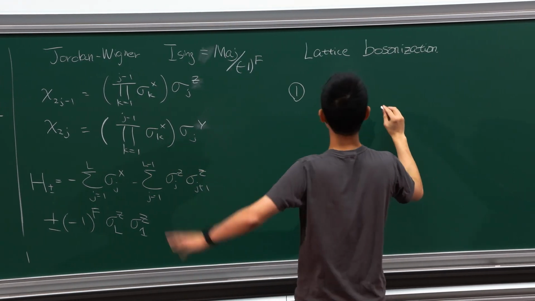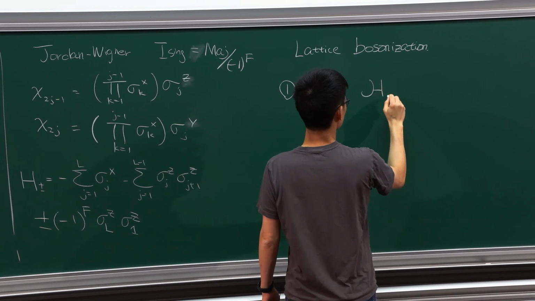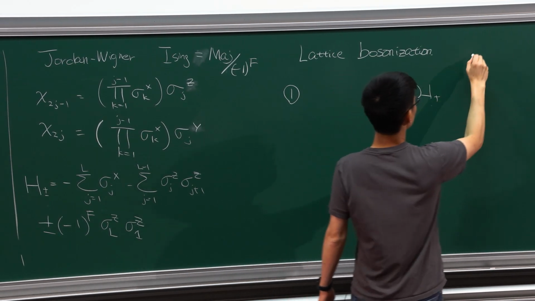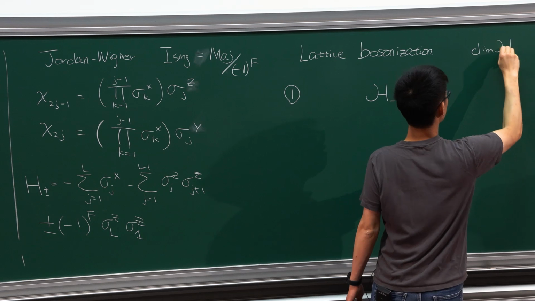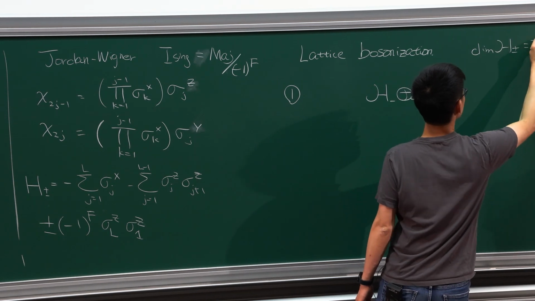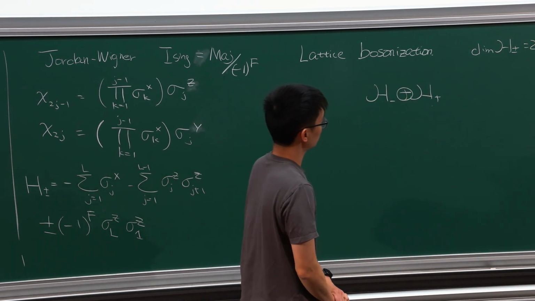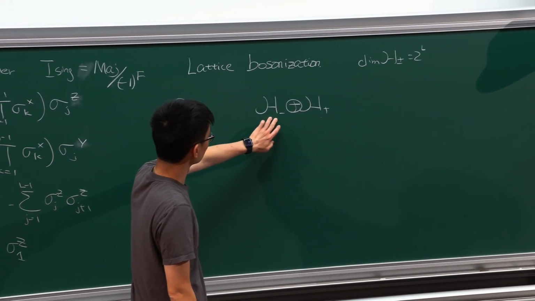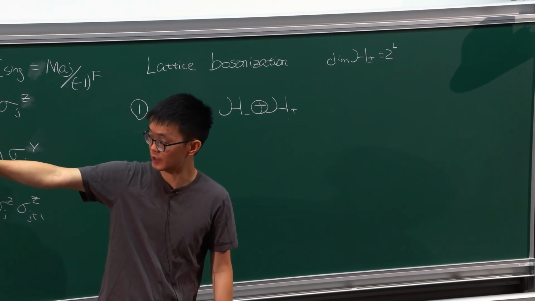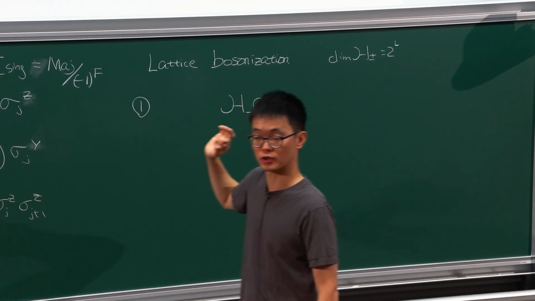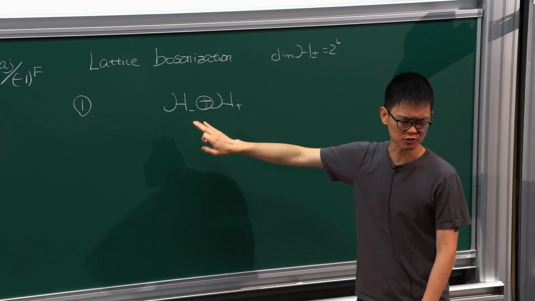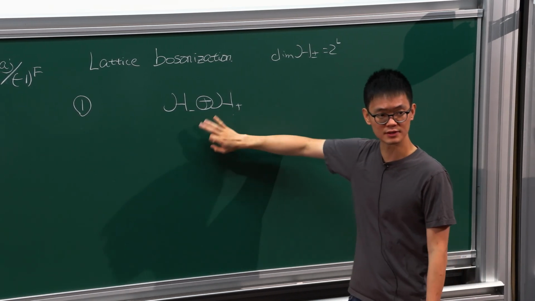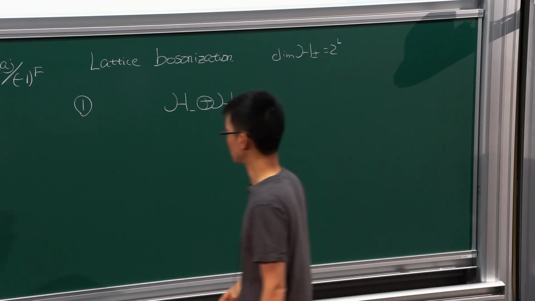So we have two L fermions. Let me take two copies of the Hilbert space, H plus and H minus. Each one of them is a 2^L dimensional Hilbert space. I use H minus to stand for the Hilbert space for the anti-periodic problem, and similarly for H plus. They're really isomorphic. I just add the subscripts to make it clear. But if you don't like the subscript, just ignore it.